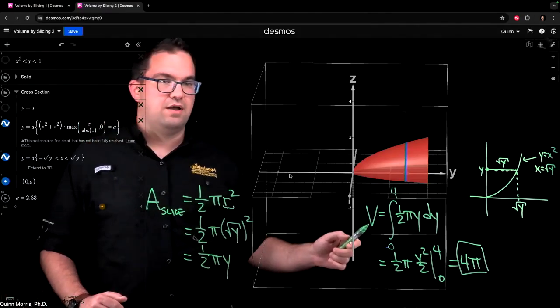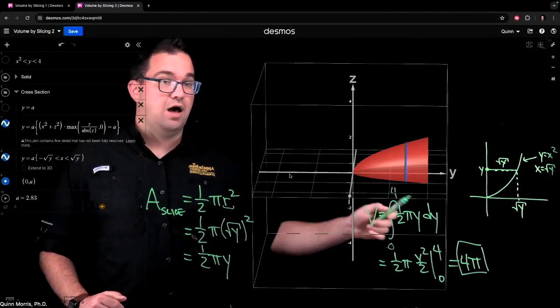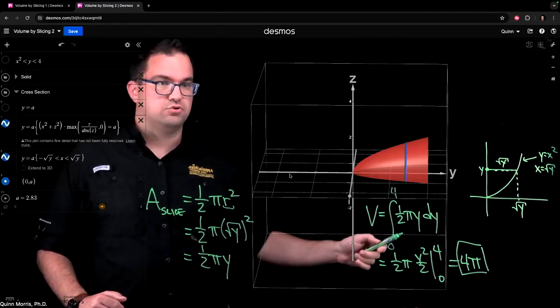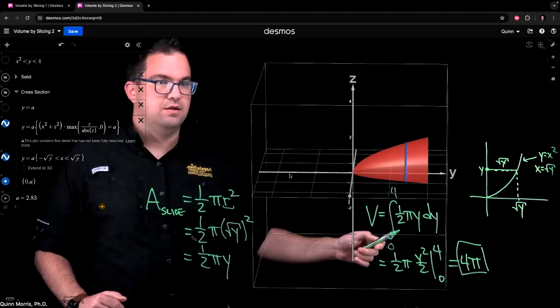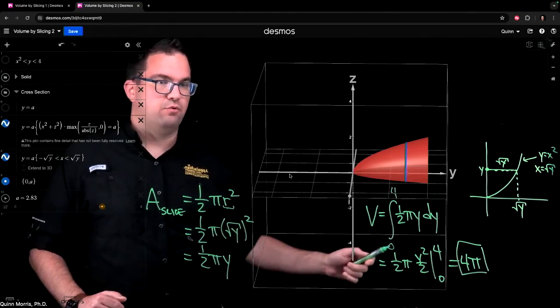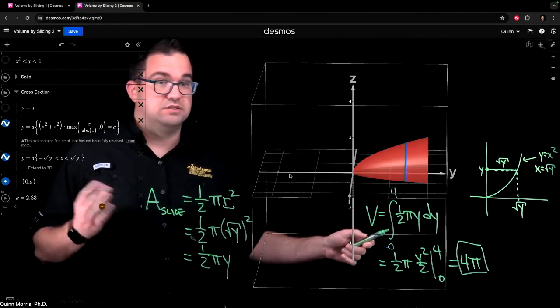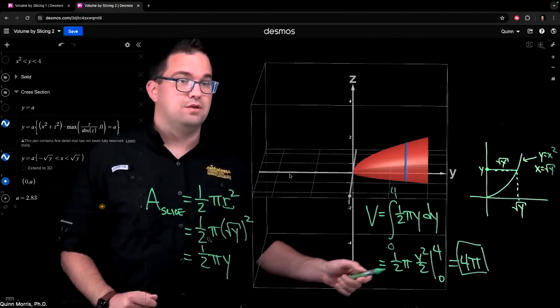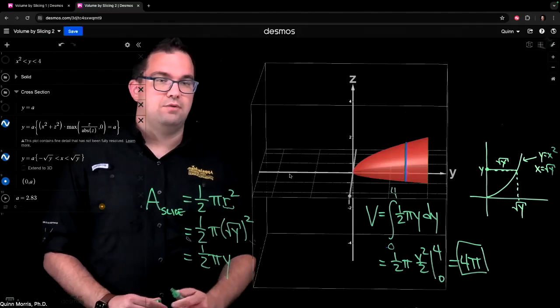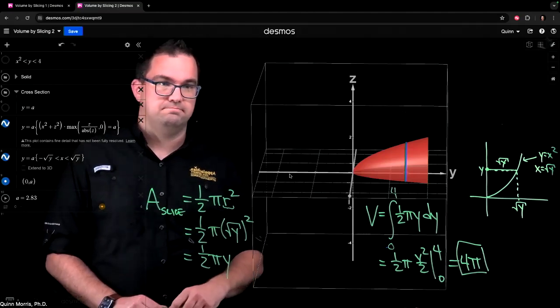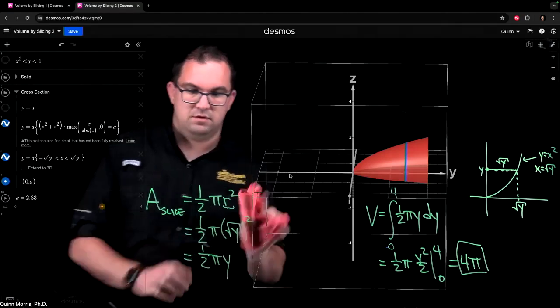And then we find the total volume by simply adding up, or integrating, all of those cross-sectional areas. So we add up 1/2 pi y for y values ranging from 0 to 4. This is now just a fairly simple definite integral. We compute it and we get 4 pi, which is our total volume here. All right.